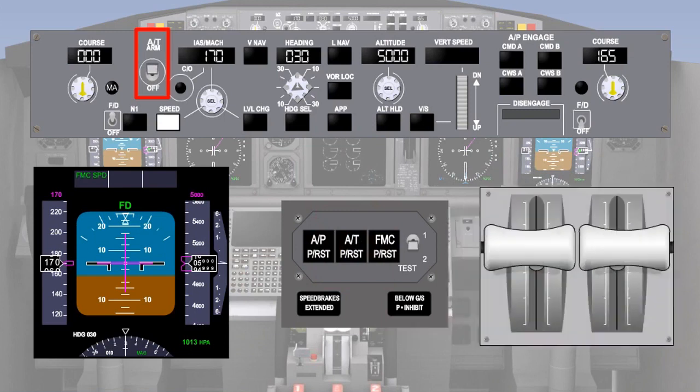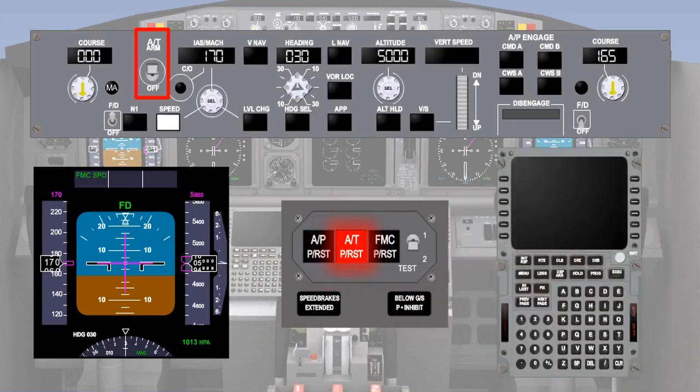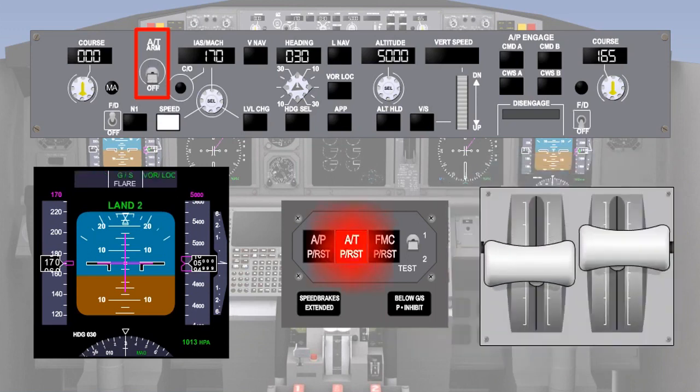Either autothrottle disengage switch is pressed. An autothrottle system fault is detected. 2 seconds have elapsed since landing touchdown. Notice the warning light does not flash on this occasion. Or the throttles become separated by more than 10 degrees during a dual-channel approach after flare armed is enunciated.